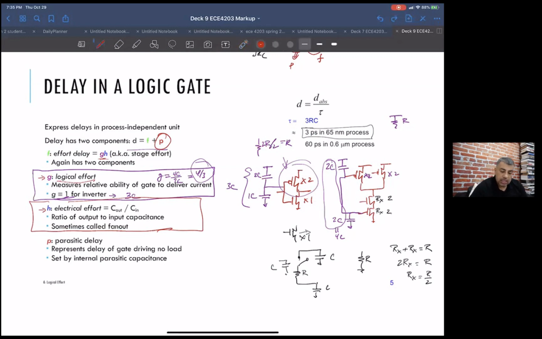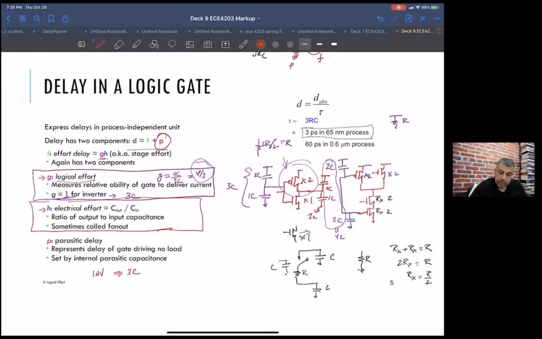If you remember, there's 2C coming from the PMOS and 1C coming from the NMOS, so this is equivalent to 3C. So the inverter is 3C.